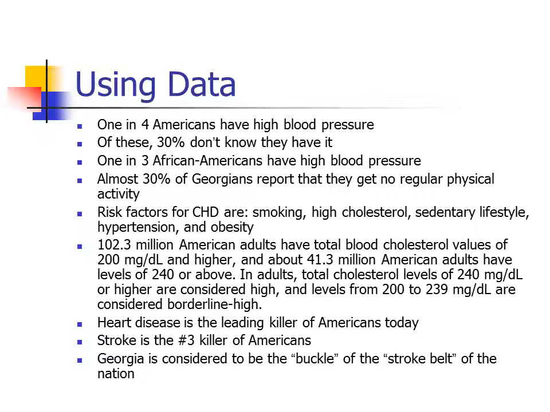Of these, 30-some percent don't know that they have it. One that I've used before is that of all the people born after the year 2000, 1 in 3 will develop type 2 diabetes. And of individuals born after the year 2000, 1 in 2 African Americans will develop type 2 diabetes.